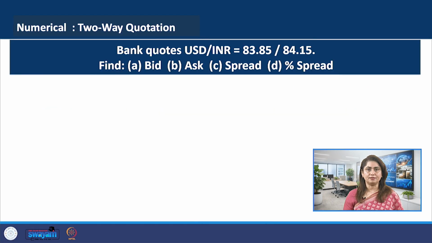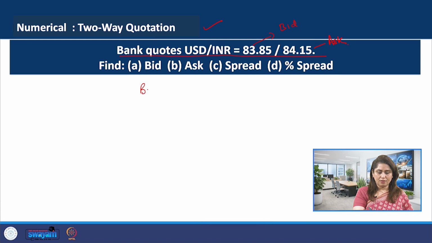Now let us understand it with an example of a two-way quotation. Now we have a quotation in which the bank is quoting USD by INR, where 83.85 is the bid rate and 84.15 is the ask rate. So in the bid rate, what does it signify?